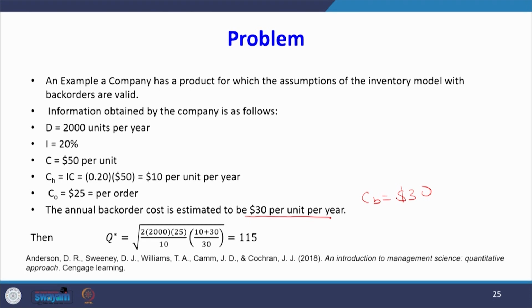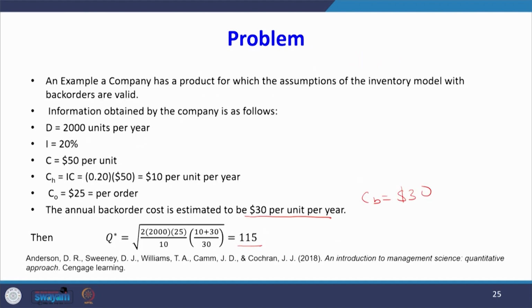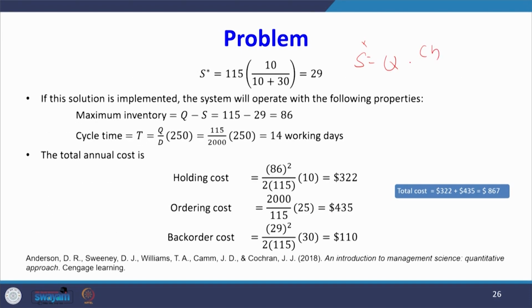We know already the expression for Q star. When you substitute this, we are getting the optimal order quantity as 115. Next, we will find the optimal shortages permitted. We know the formula for shortages: S star is Q C h, holding cost, divided by holding cost plus shortage cost.